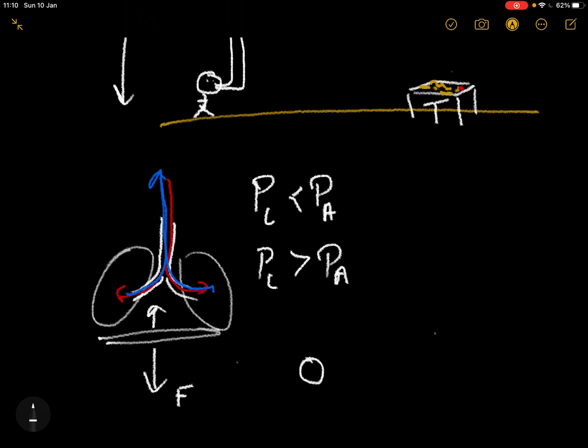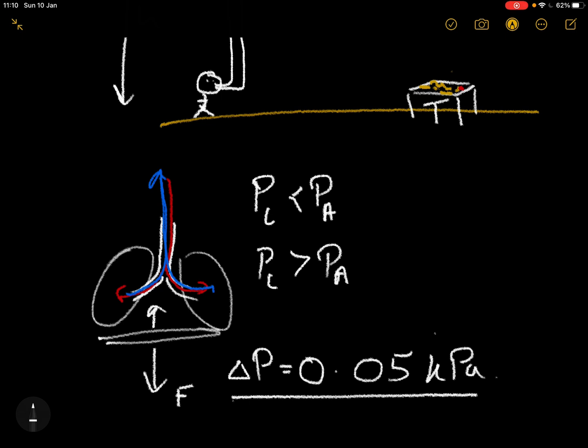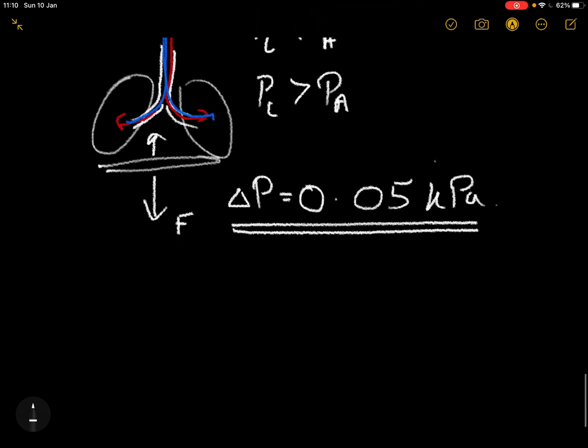The biggest change in pressure that you can create is 0.05 kilopascals. That is the greatest that you can do.